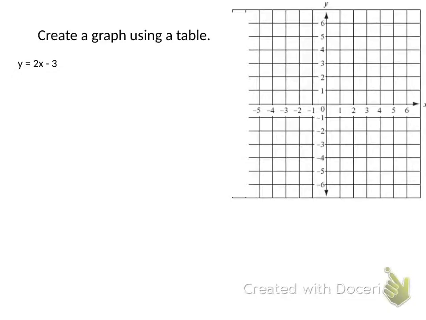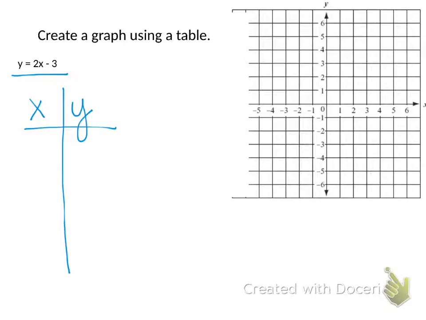So first, a quick refresher. We're going to create a graph using a table. We've got our equation here, y equals 2x minus 3. And if you recall, a table looks like a T. We've got our x's and our y's. Now remember, we get to pick the x values that we want to choose.